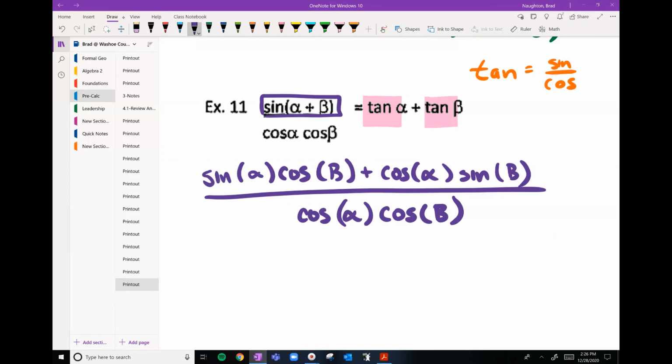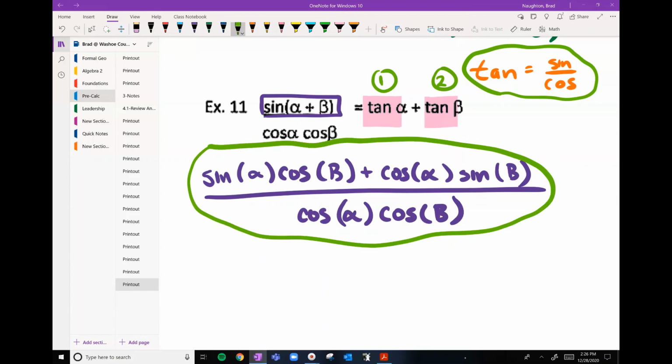Alrighty. Noticing our bottom isn't any rule that I'm familiar with, so I'm a little bit stuck here. Let's go back to right here. I don't have enough to use this piece yet, but I do notice that this is two terms. This whole thing right here is one term.